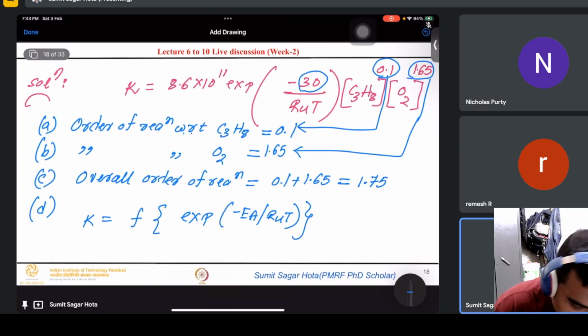What type of function? Exponential of Ea by RT.